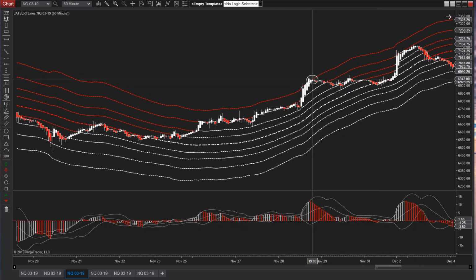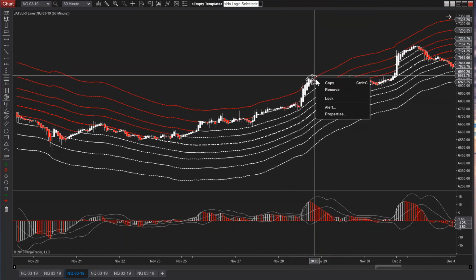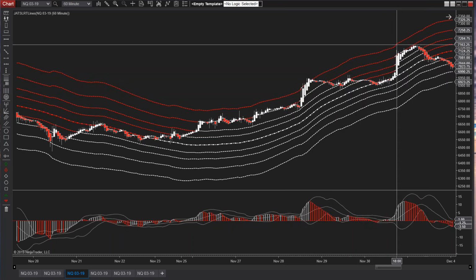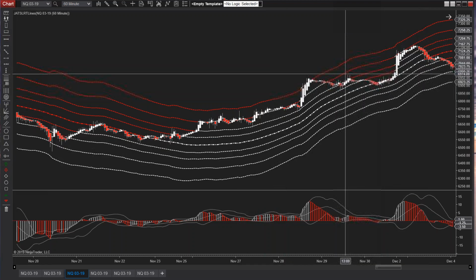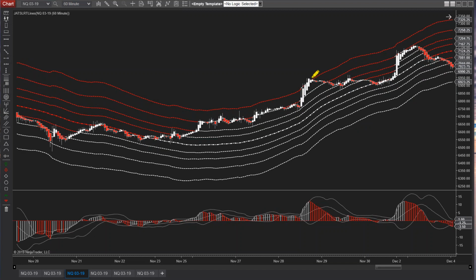It got you stopped out on it, but if your stop, instead of being a tick above the price level, was dynamic to the band, so your stop is above that band instead, you would have gotten a little bit of heat on this, but the trade eventually did work out.